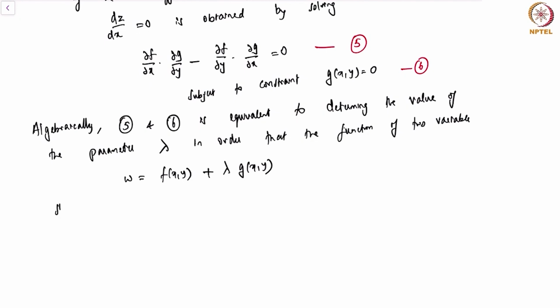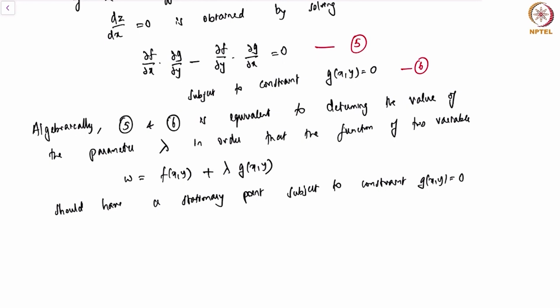This function should have a stationary point, subject to the constraint g of x comma y is equal to 0.